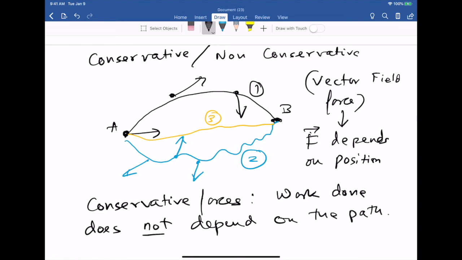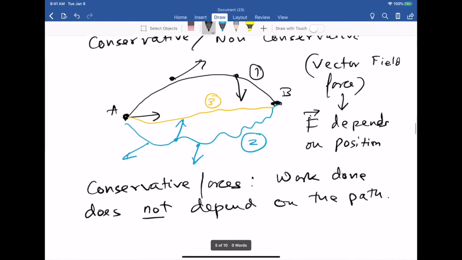That is the definition of a conservative force. The work done by the force is not dependent on the path. You might think, how can that be possible if the force is different at different points? So on each path the particle encounters a completely different set of forces. Well, conservative forces are magical like that. So no matter which path you follow, the work done is going to be the same. That's what a conservative force is.